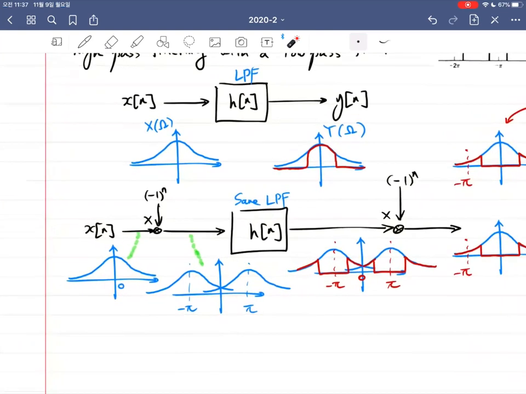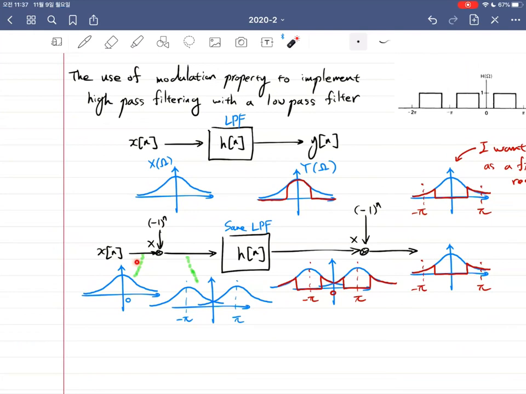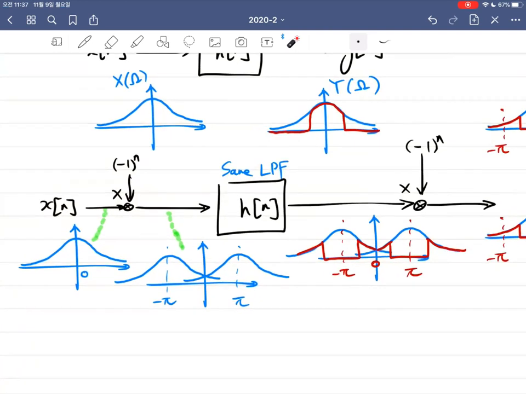To do that, I multiply the original signal by (-1)^n in the time domain, which results in a shift by plus pi. I have this one also because we have to repeat at every 2 pi for the discrete time signal.